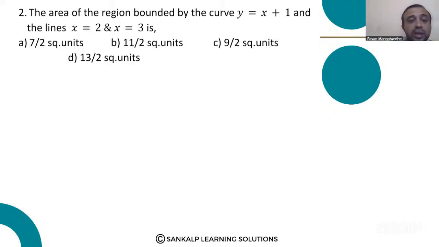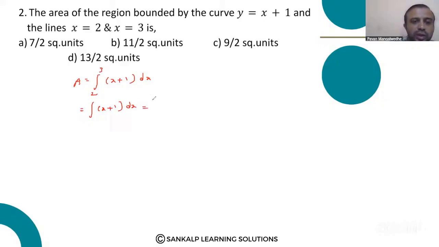Just a minute students. Area A is equal to the integration from 2 to 3 of x plus 1 dx.